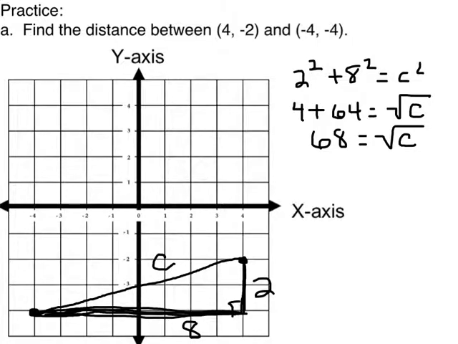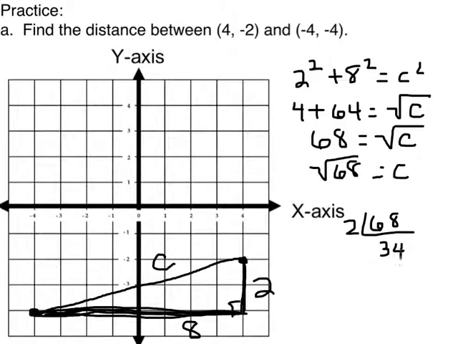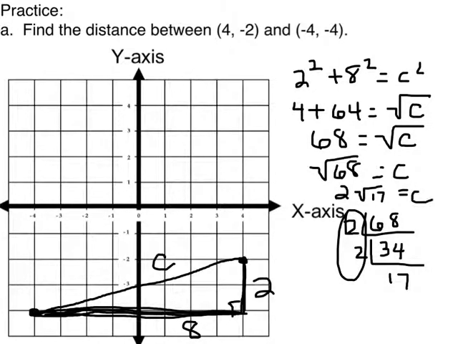So the square root of 68 would equal c. Now we do need to see if we can factor 68. 68 divided by 2 would be 34, and 2 again would be 17. So we can factor that so that we can say that 2 times the square root of 17 is equal to c.